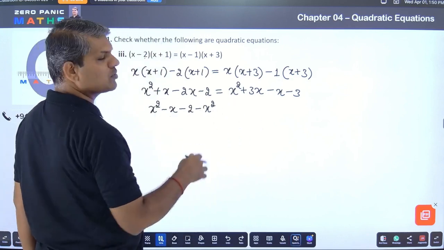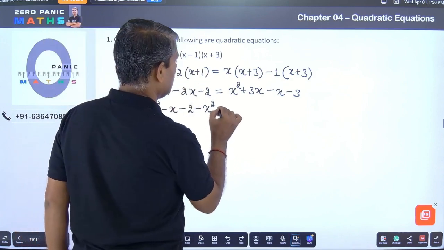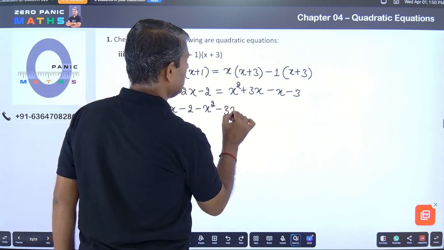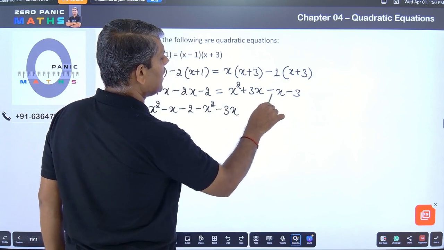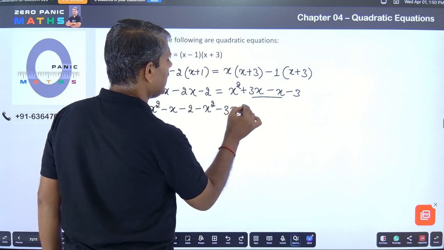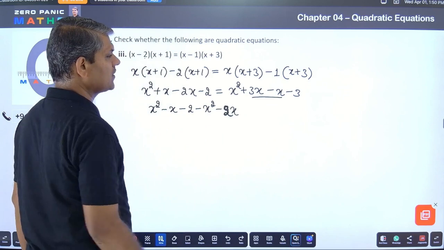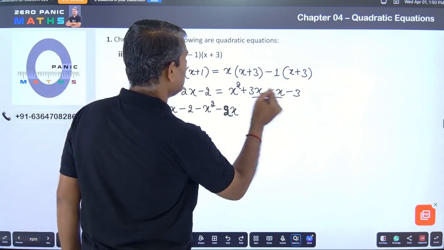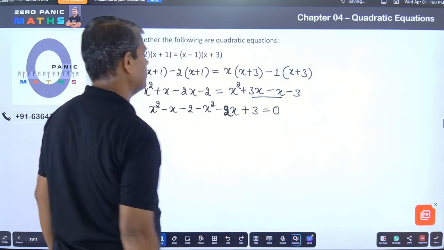Here only you can decide. Since x square terms are getting cancelled, this is not going to be a quadratic equation. Minus 3x, or you can say 2x minus x is 2x. This is actually plus 2x, so I can say this is minus 2x. And minus 3, if you bring it to the left side, will become plus 3.